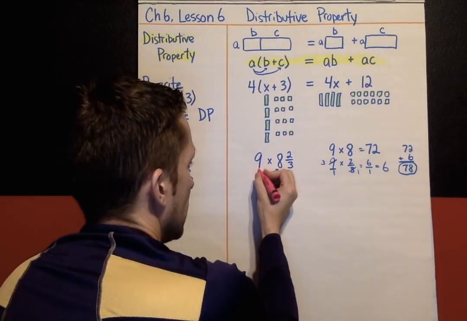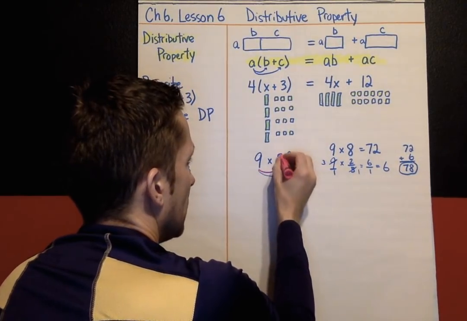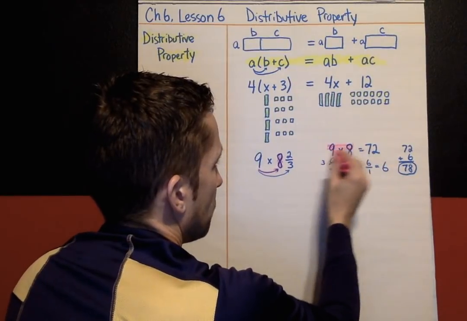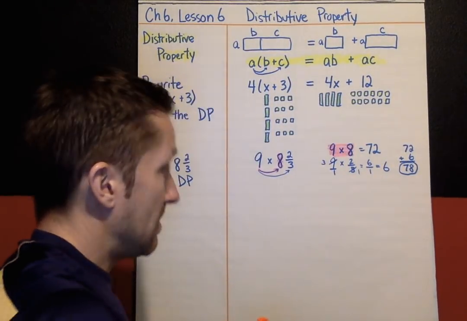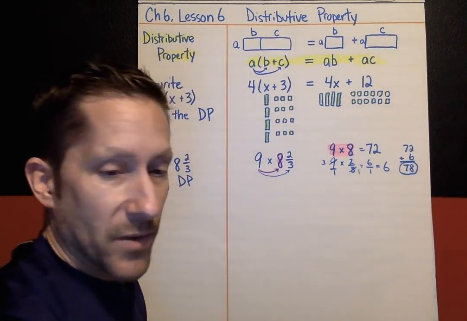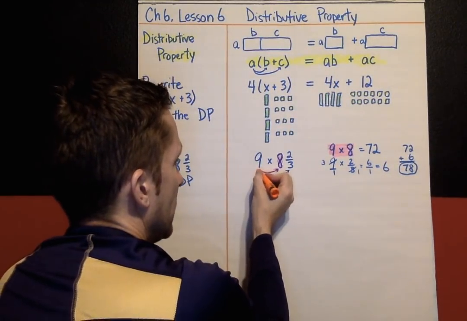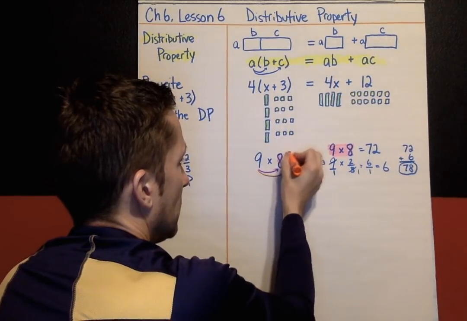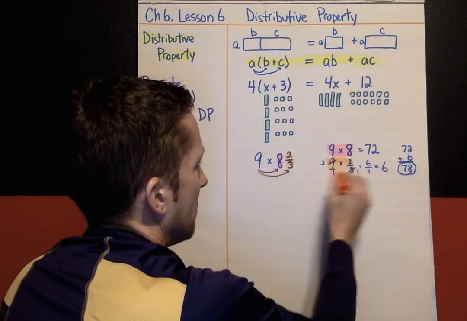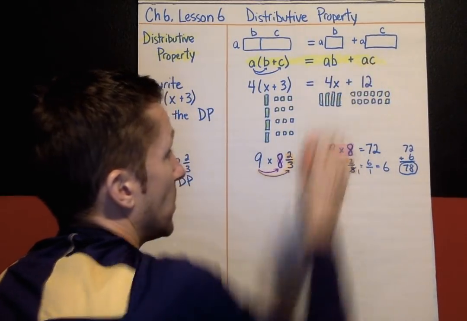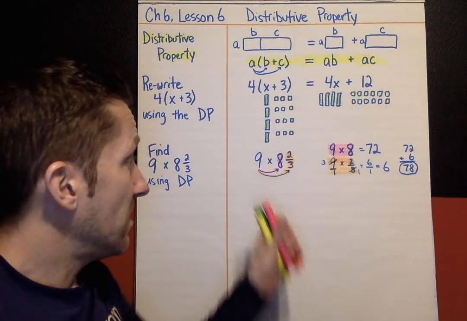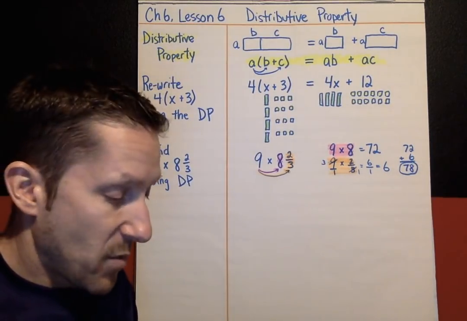So 9 times the 8, and that's this part. That would be the equivalent of that part in the distributive property. And then we did 9 times 2/3, which was right here, which is this part of the distributive property. So there is an example of using the distributive property.